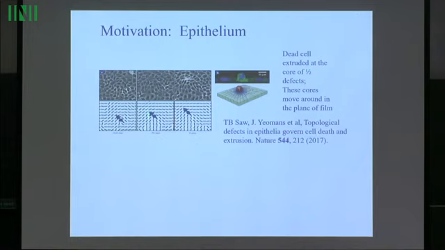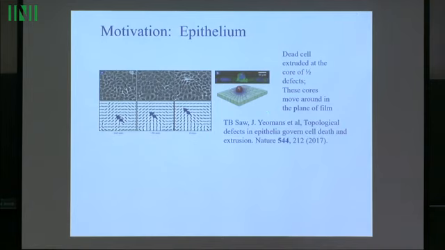And what was interesting is that in this nematic field you might find disclinations, or point defects, of strength +1/2 and -1/2. And they found out that whenever you have the core of the +1 defect, then in this place there is a high probability of the extrusion of dead cells away from the epithelium.